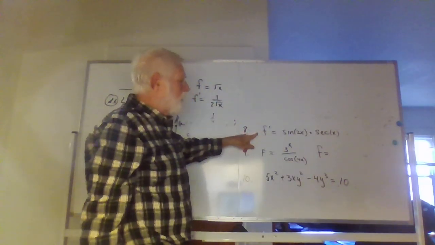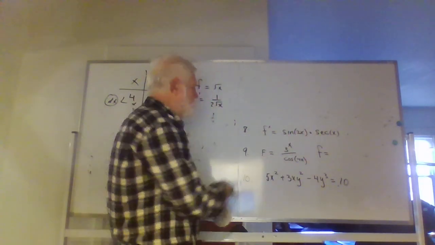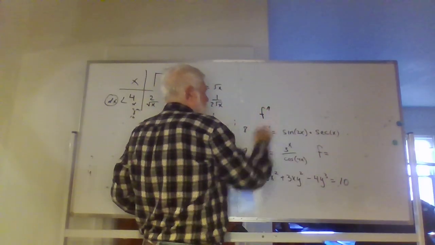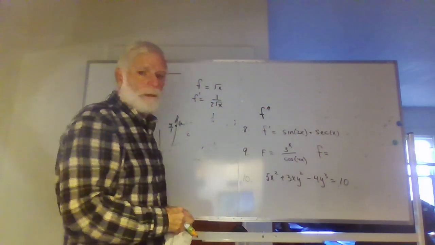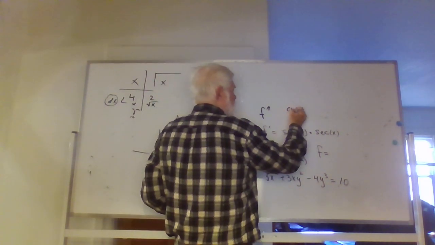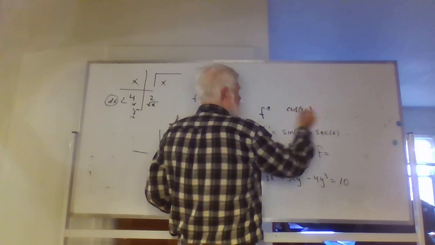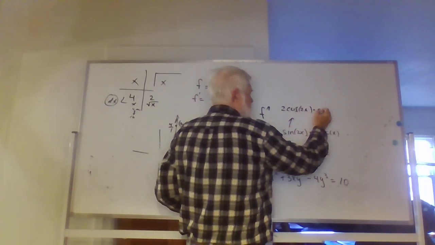So I've got f prime is sine of 2x times secant x, and we're going to look for f double prime. Just get a little practice here taking that derivative. So go for it. Hope you're seeing the product rule. Derivative of sine is cosine of 2x, and I need a times 2 there to take that derivative. I'll leave this one alone, secant of x.